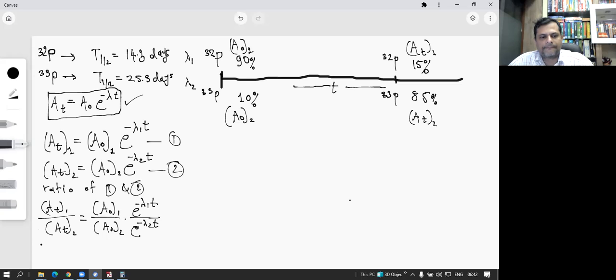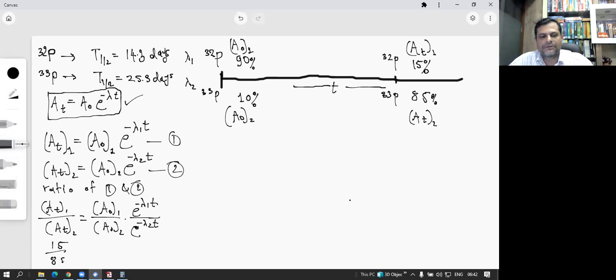Now we can put the values here. The value of A1 is 15%, which means 15 upon 100, but it is okay if we just keep 100 because it will be cancelled when we take the ratio. So 15 upon 100 divided by 85 upon 100 comes out to be simply 15 upon 85.